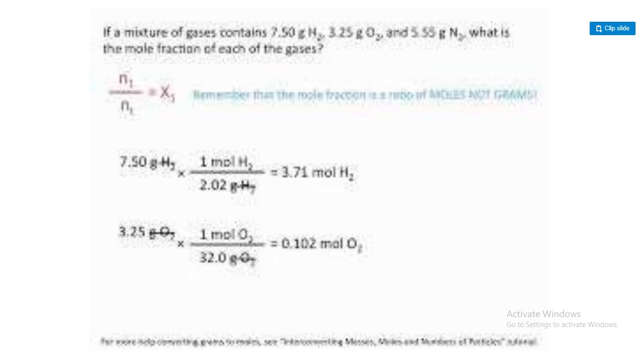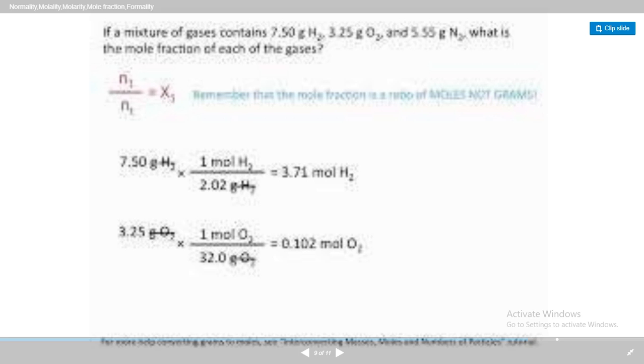Suppose there is a question like this: if a mixture of gases contains 7.50 gram hydrogen, 3.25 gram oxygen, and 5.55 gram nitrogen. There are three terms: hydrogen, oxygen, and nitrogen. What is the mole fraction of each of the gases? If we want to calculate the mole fraction of the gases, we have to calculate it in moles. For the hydrogen, it is given 7.50 gram hydrogen.